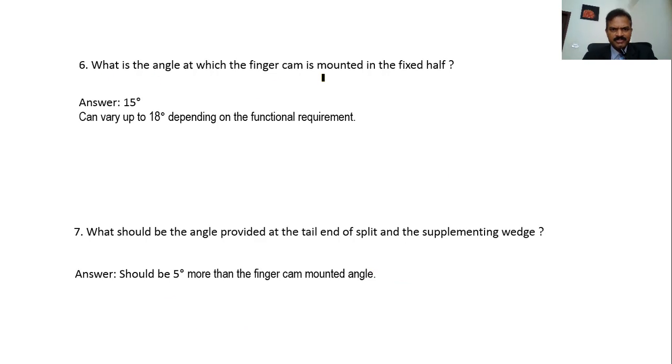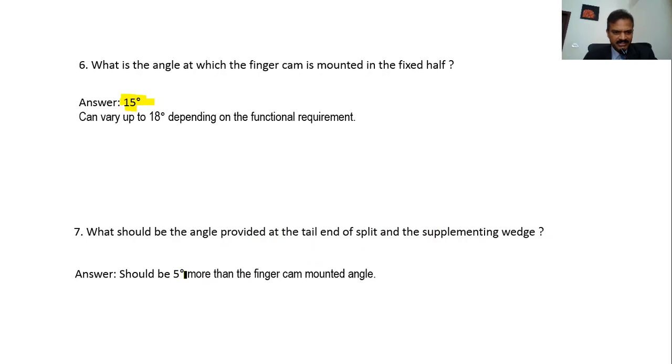What is the angle at which the finger cam is mounted in the fixed half? Usually it's scientifically proven 15 degrees, or there are instances where you go up to 18 or maybe even up to 20, depending on the requirements or the circumstances. What should be the angle provided at the tail end of the split and the supplementing wedge?